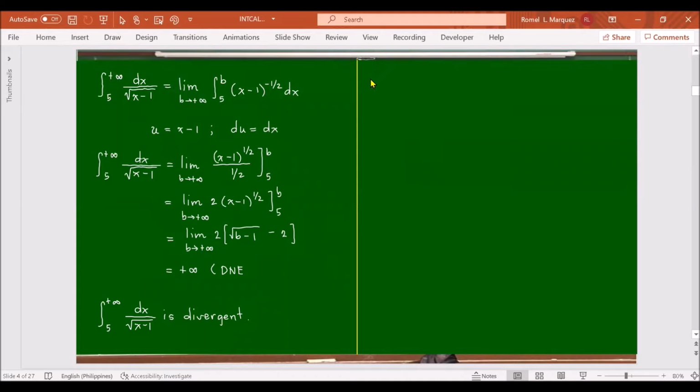So let us have number 3. So given the improper integral from ln square root of 3 to positive infinity of e to the x dx over 1 plus e to the 2x. So here we have f of x is equal to e to the x over 1 plus e to the 2x.